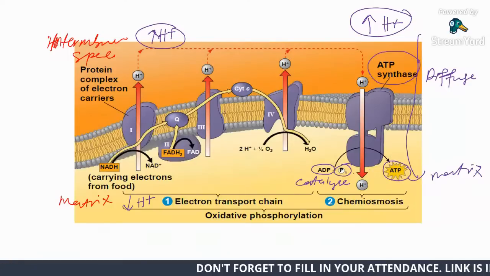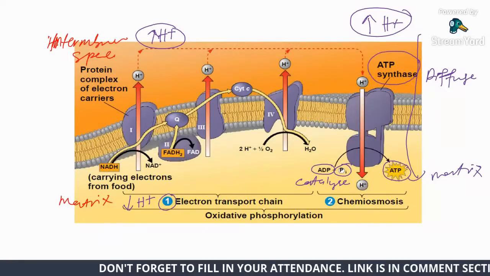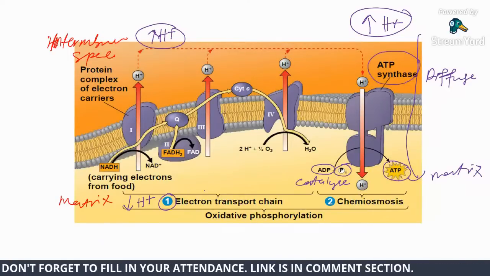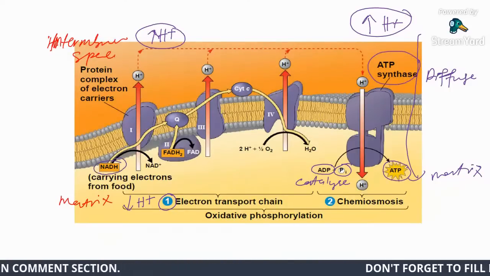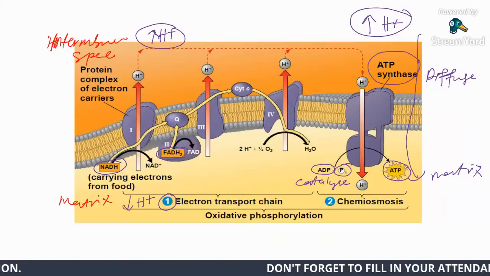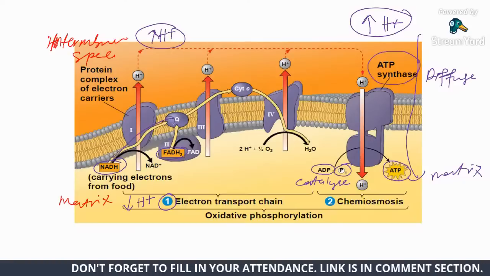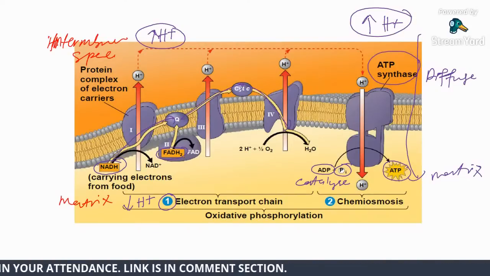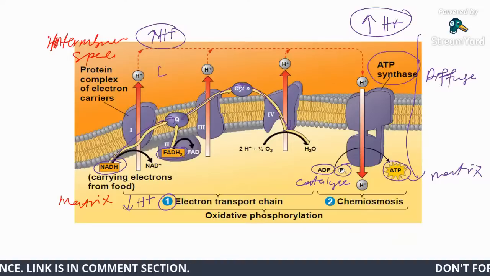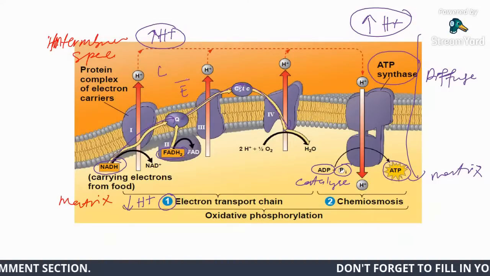Right? So basically the electron transport chain is needed to form ATP. Why? Because the electrons donated by the two electron carriers, which are NADH and FADH2, will move from one complex to another complex, right? And as they move, energy is released.